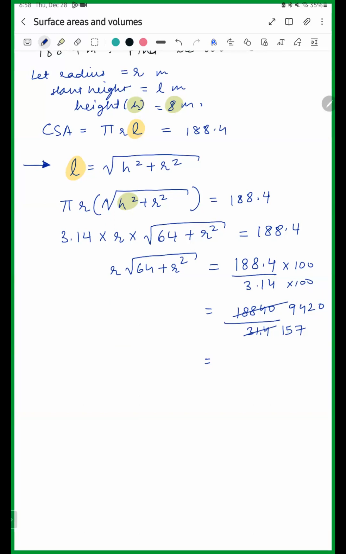So this is equal to 60. Okay. This is your r root 64 plus r square.